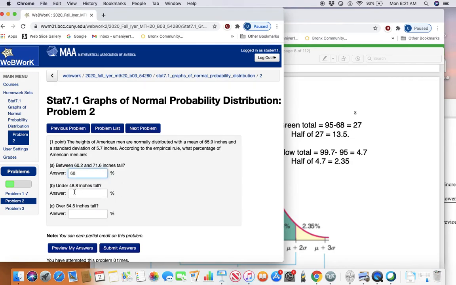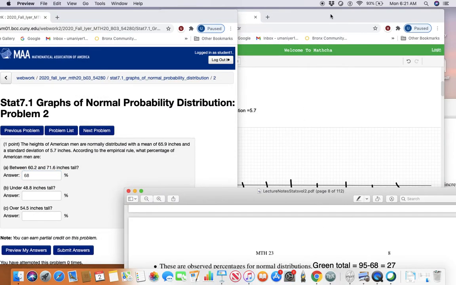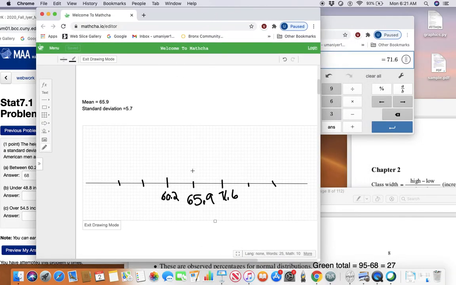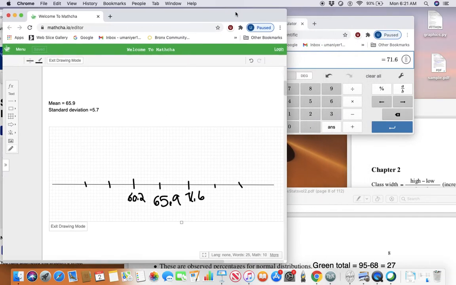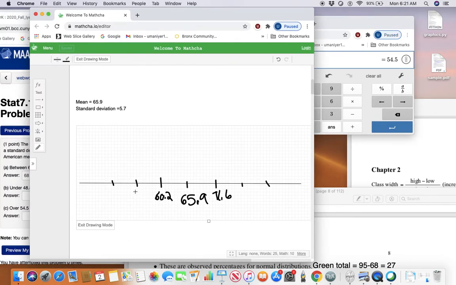Now, under 48.8, where is 48.8? That has to be subtracted from here. I subtract one standard deviation, that got me here. I subtract another standard deviation, that gets me 54.5.